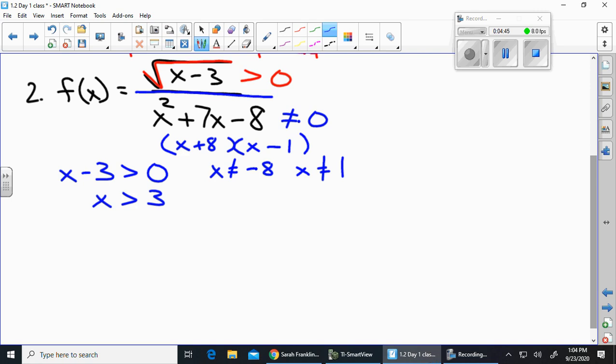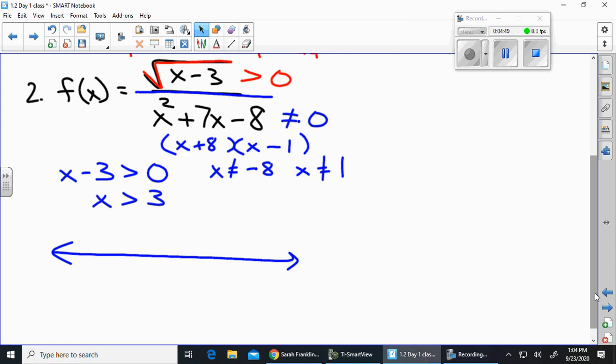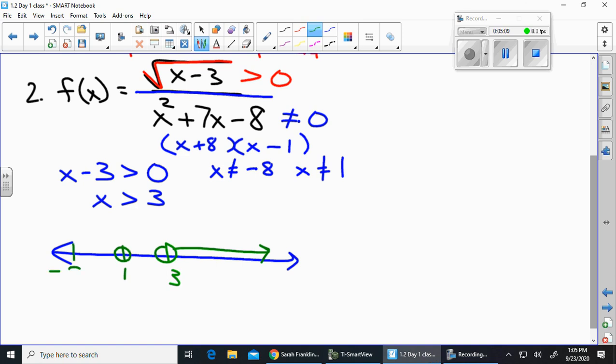So now, how do you get the domain? Put those three things together and realize that your domain is the intersection of all of those. So here's 3. I can put in x is bigger than 3. I can't put in 1, and I can't put in negative 8.